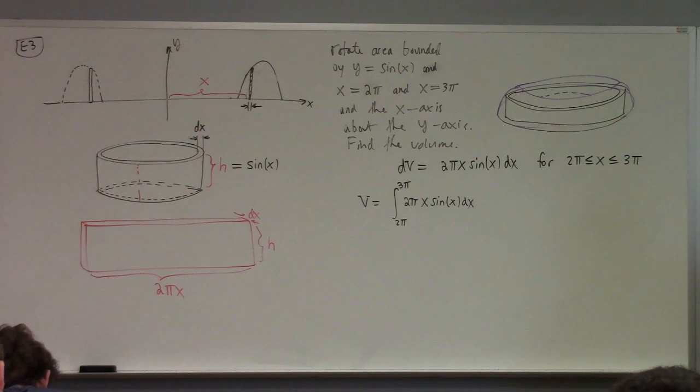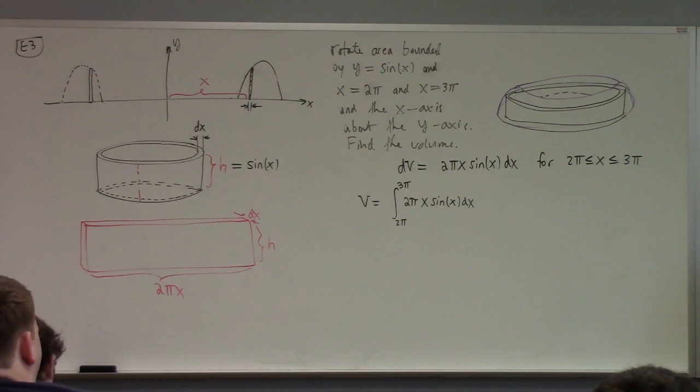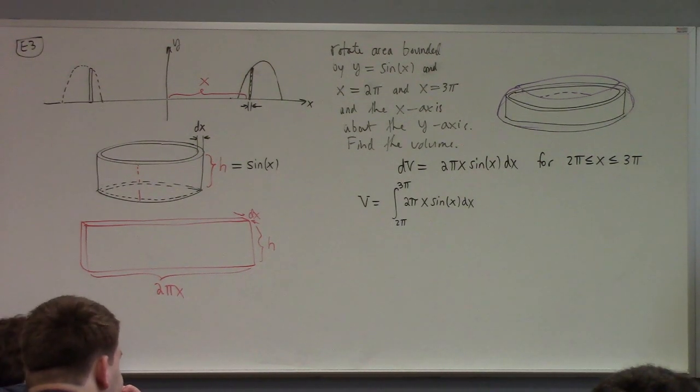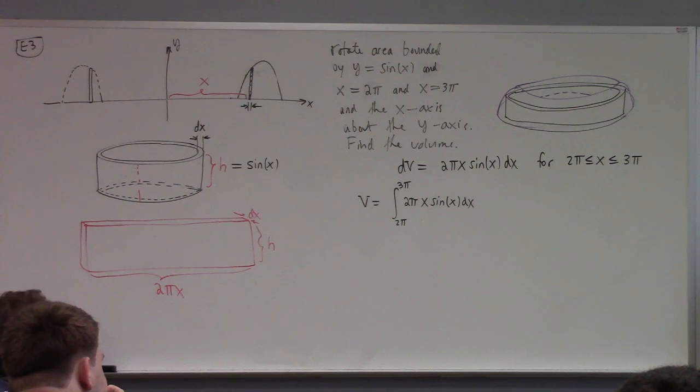Let's try something. Let us guess. We haven't done this yet, so this is a good exercise for us. Let us guess that the integral of x sine x has the following form. Let's forget about the constant, it's not interesting. Let's suppose it has the form ax plus b times, I feel like a cosine x maybe.